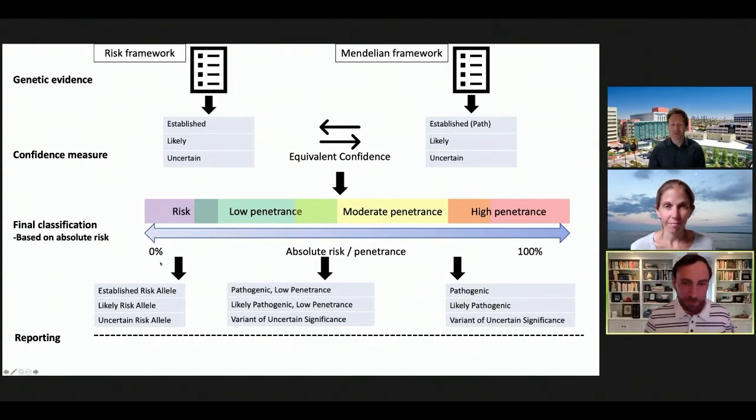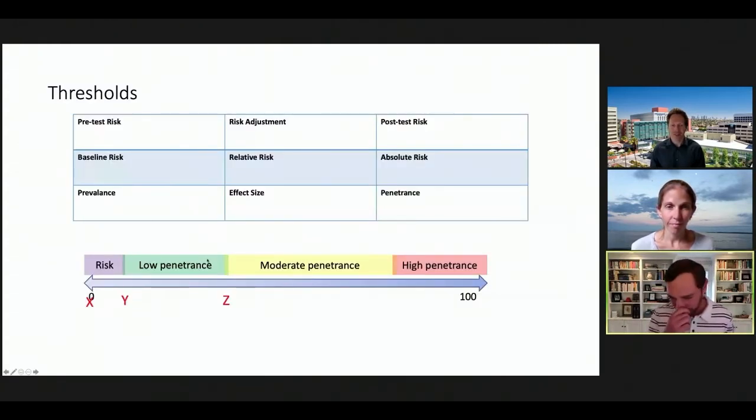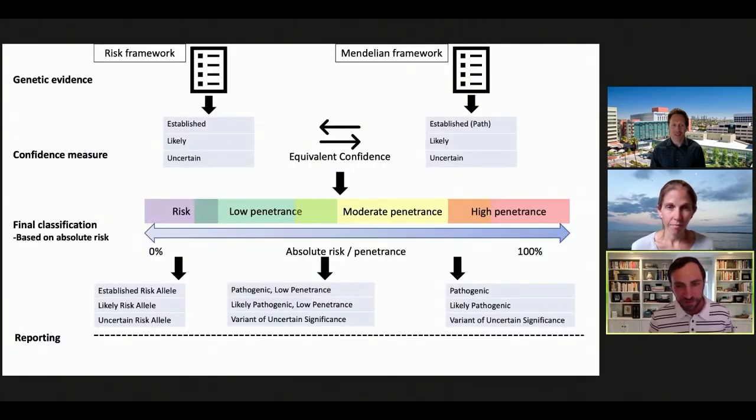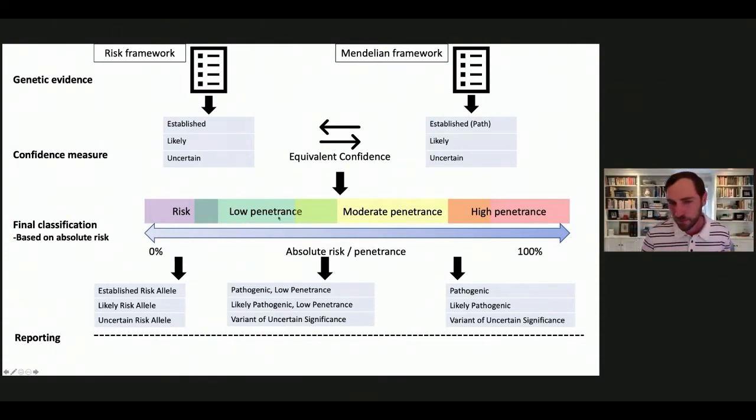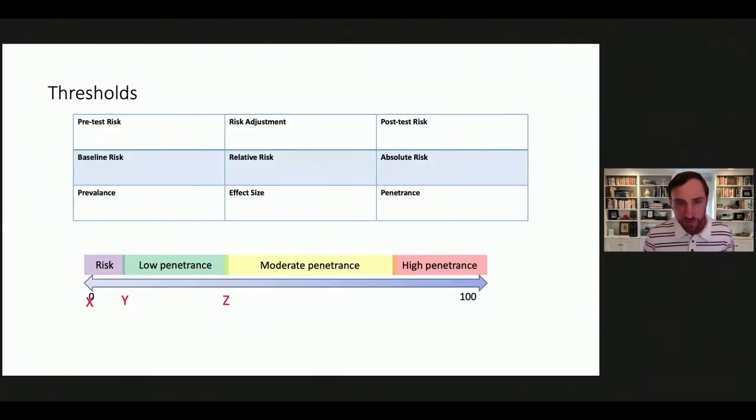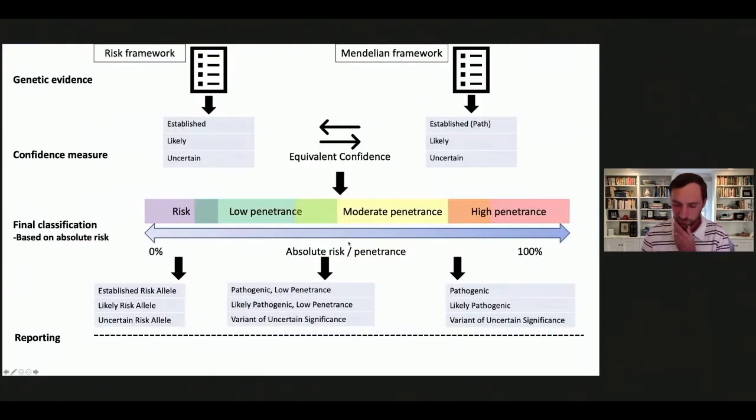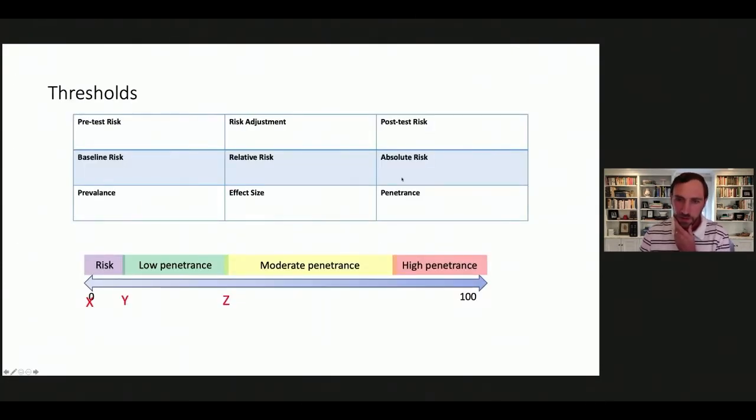So one thing that is clearly important here is how you determine the separation between these buckets. We did survey the community on this, and we were trying to base things off this term absolute risk. This is different terminology, mapping what the different terms are and what we're trying to get to.